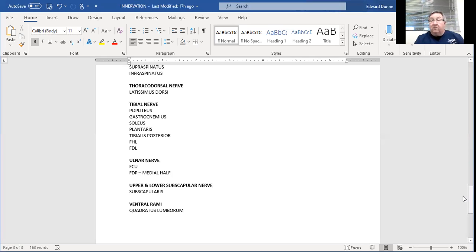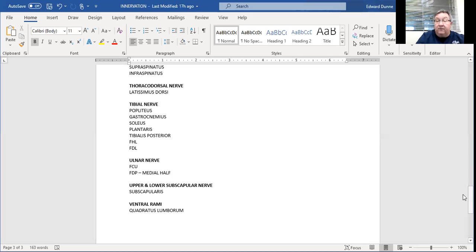So it's coming all the way from the bottom, from your bum almost, all the way up to your arm. Large muscle, requires a great deal of innervation. So the thoracodorsal nerve, its only job is to innervate the latissimus dorsi muscle.